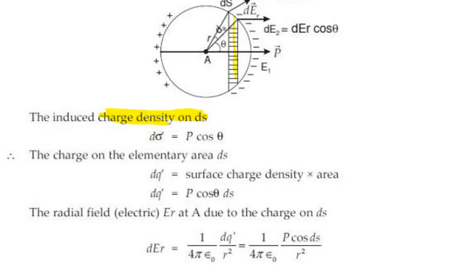And if the direction of P is this, then the charge density can be written as P cos theta. Why P cos theta? Because the angle is theta. Here we are considering angle theta, and for ds, the small element, the angle is d theta.